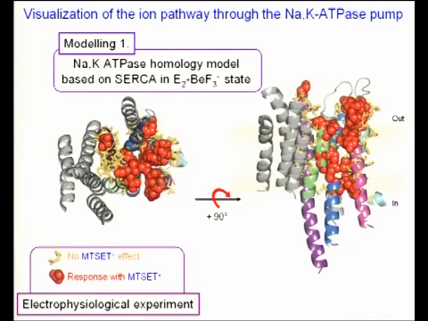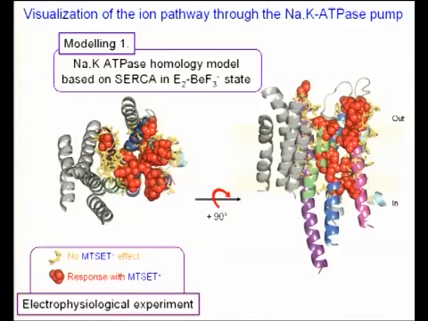Then we performed an electrophysiological experiment to test the engineered cysteines with the membrane impermeable MTSET. The amino acid residue whose cysteine mutants showed MTSET responsiveness can be regarded as an ion pathway coordinating residue. Then we mapped the result on the homology model.